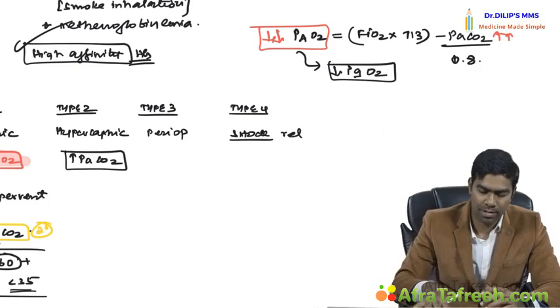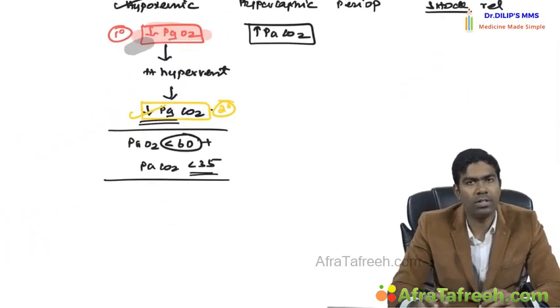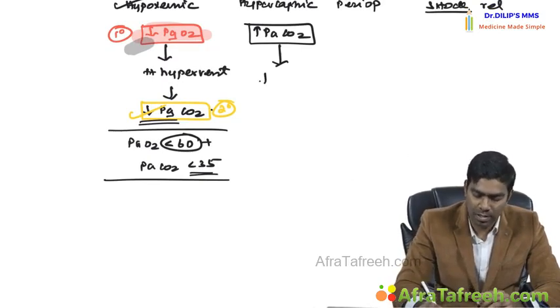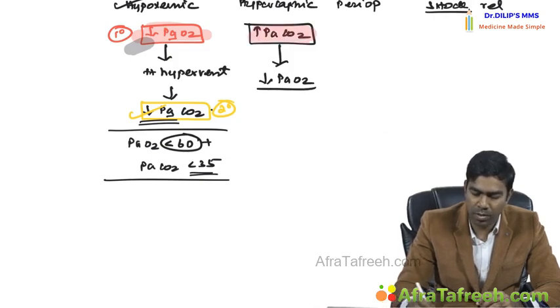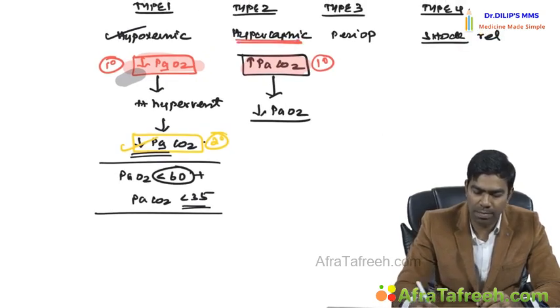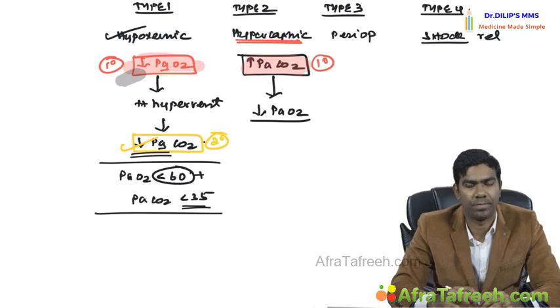As simple as that. Clear? So this high PaCO2 is going to result in a fall in the PaO2, which means the primary problem here is going to be the high PaCO2. That is why we are going to call it a hypercapnic respiratory failure.